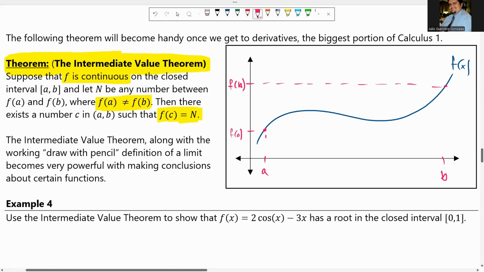And I'm going to draw this line down and then this one too. There we go. So we have two intervals that I want you guys to dwell on here. We have this interval from a to b, and then we have this interval from f(a) to f(b).